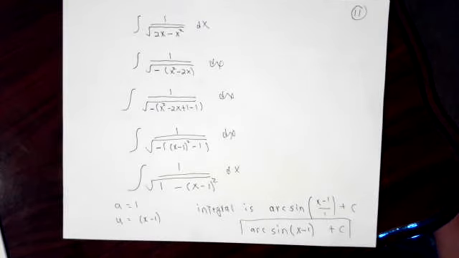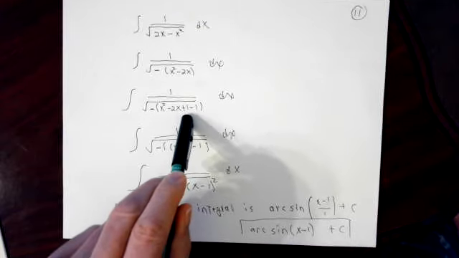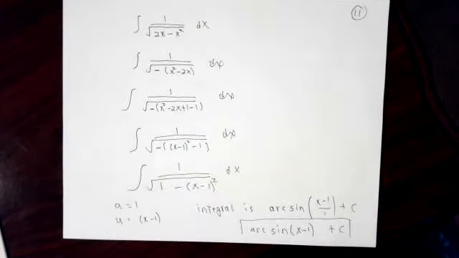X squared minus 2x, take the 2, cut it in half to get 1, square that, and say to yourself, I sure wish it said plus 1 in there. Now it doesn't. I can write plus 1 though, and then immediately subtract 1 right off again, so I haven't changed anything.